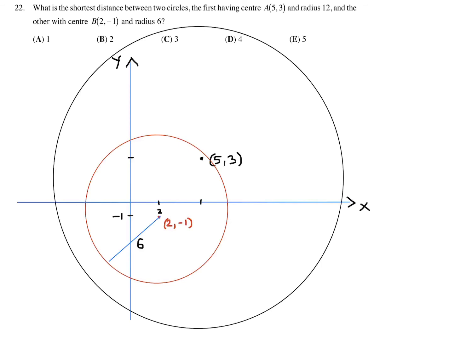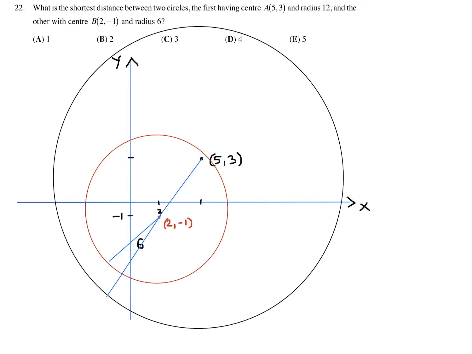And then continuing with the same kind of principle, I'm going to draw the radius from this center to there, like that. Now, if I draw it continuously, it will meet the other circle like that, and if I keep going, it will meet the outside like that.